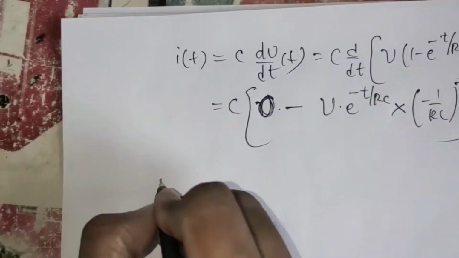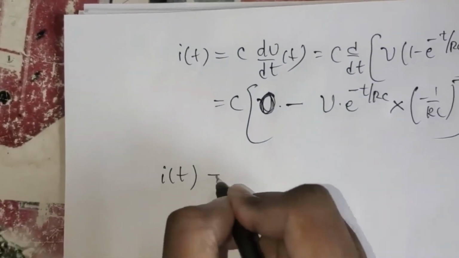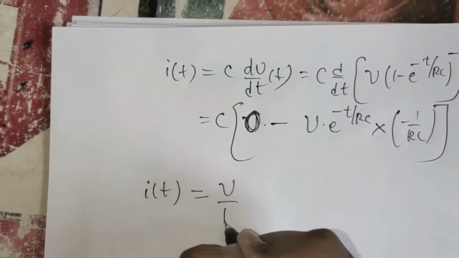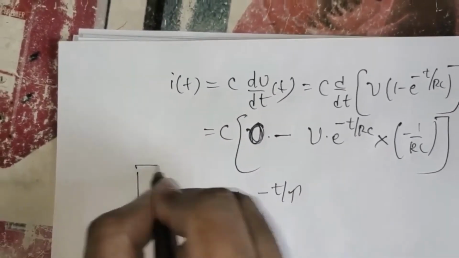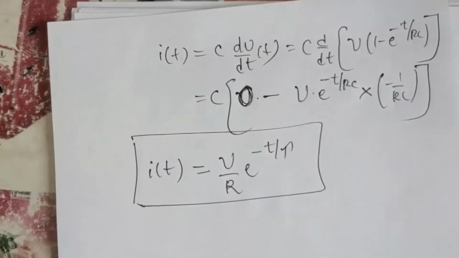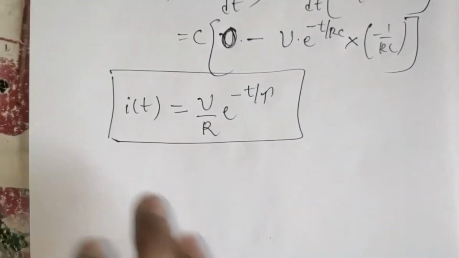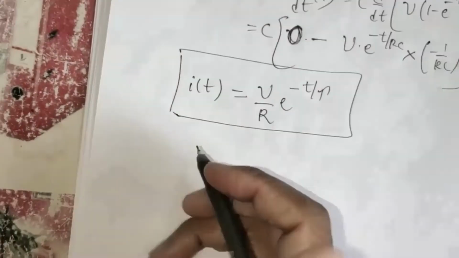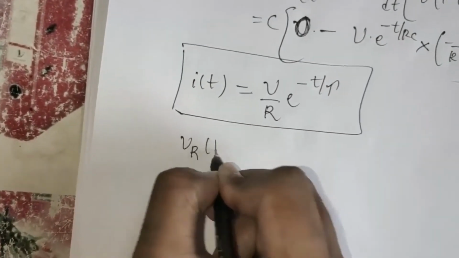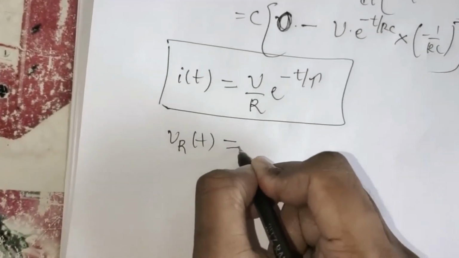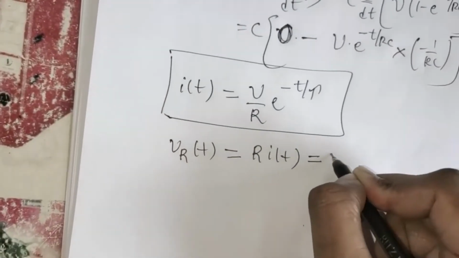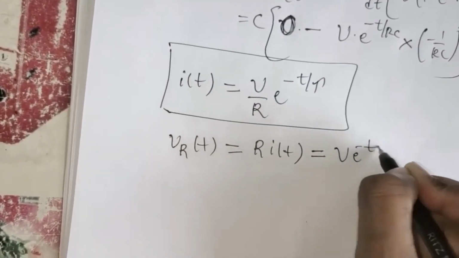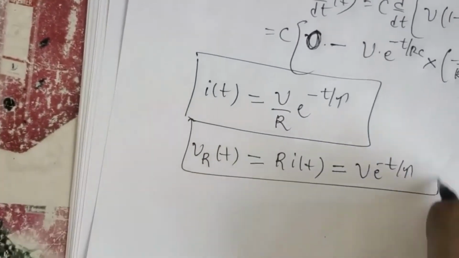So therefore I of t is equal to V by R into e power minus t by tau. So this is the expression for current in case of source driven series RC circuit. So VR of t is nothing but R into I of t, which will give me V into e power minus t by tau.